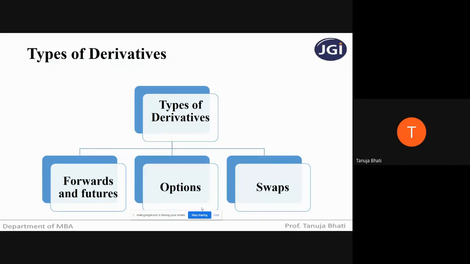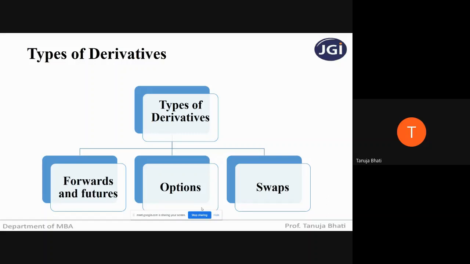So options are a form of derivatives, where a right is given but not an obligation to purchase the asset at a predetermined price, and they can be exercised before the expiration date or on the maturity date.